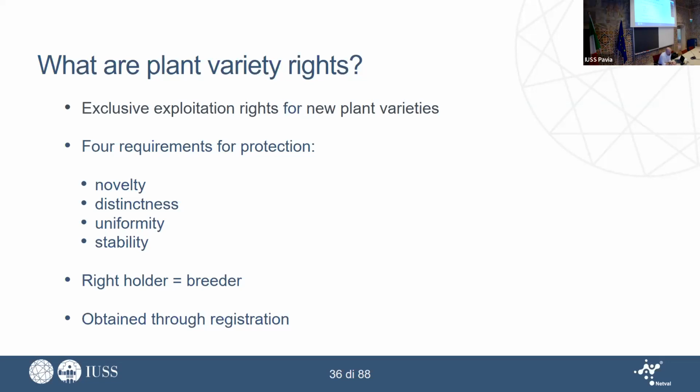So the owner, the right holder, is the breeder. And the breeder can be the person who bred the variety or the employer of the person or the company who bred the variety. Plant variety rights are obtained through registration at the national level or international level, and also at European level.